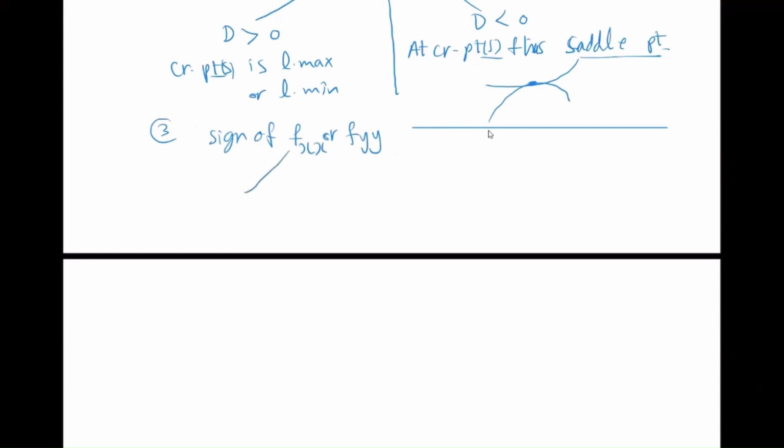If this is positive, the surface here is open upward, and here we have a local minimum point. Because the positive second derivative test means the curve in calculus 1 or the surface here in calculus 3 is open up and contains some critical point. This critical point for sure is a local minimum.